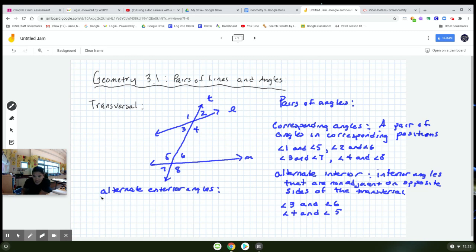Or I can define it like this, okay? Just non-adjacent exterior angles, just changing the wording around slightly. On opposite sides of the transversal.